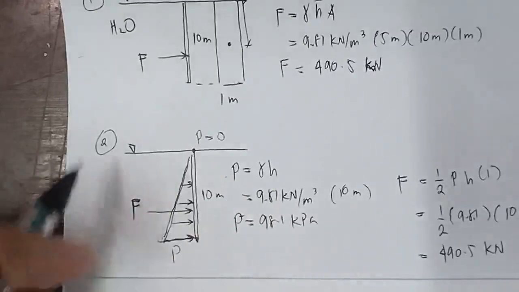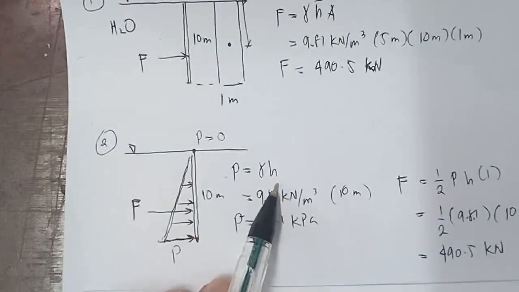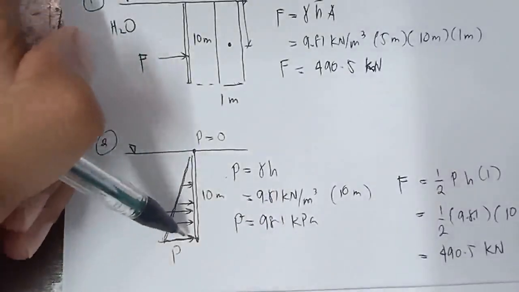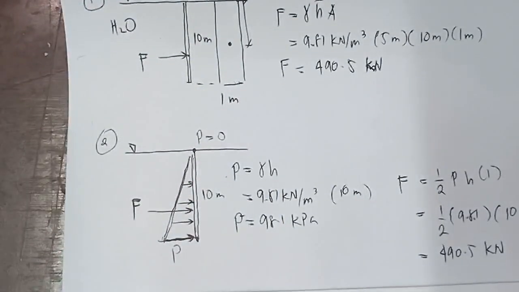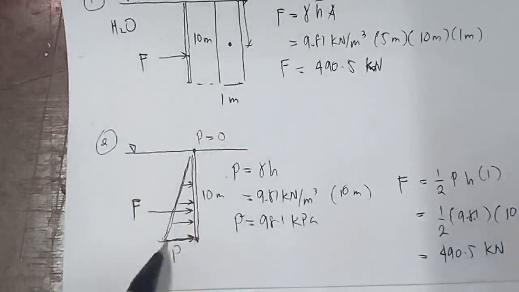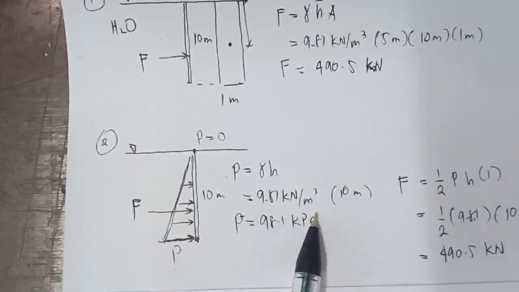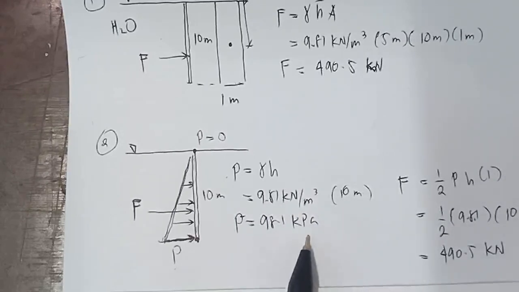Then, by pressure diagram, kung nakadepende ang pressure sa value of H, ibig sabihin, meron tayong pressure diagram, linear and varying along this length. So, kung 0 ditong pressure, meron ka ditong makukuha at 10 meters na height, meron kang pressure na equivalent yan sa 9.81 kilonewton per cubic meter times 10 meters, which is the height, equals 98.1 kilopascal.